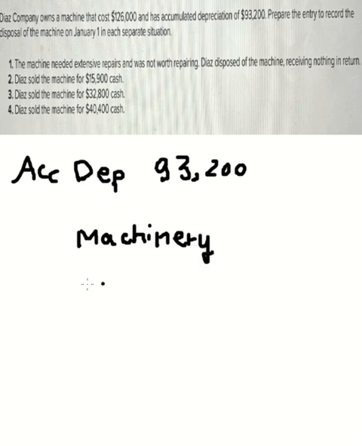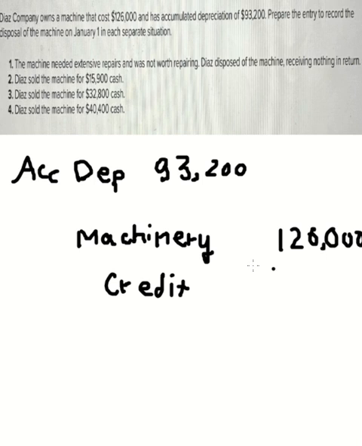This is for credit, okay? This one is for debit. And machinery, that is about 126,000. Because we disposed of the machine, that means we have a loss on disposal.